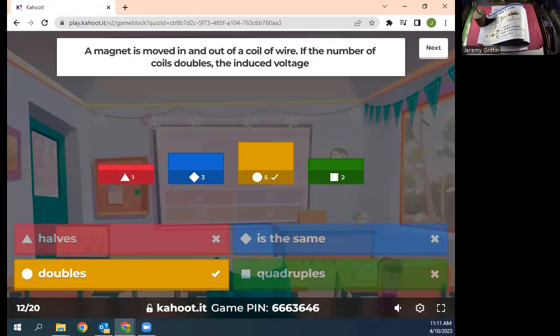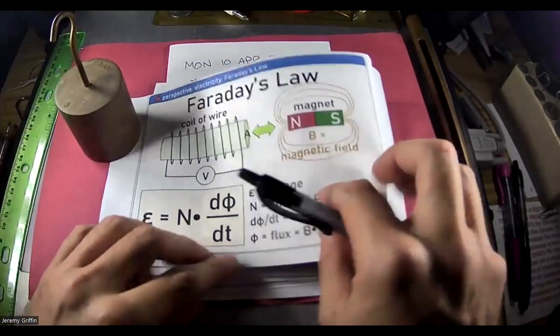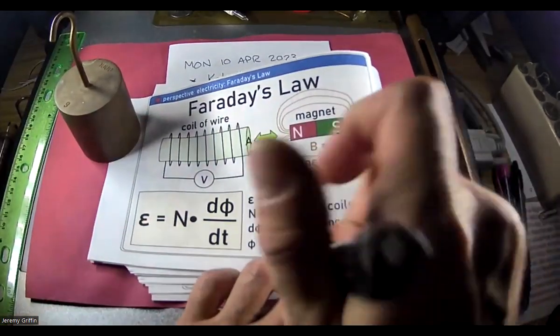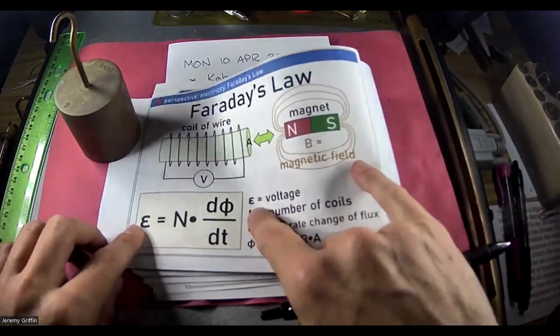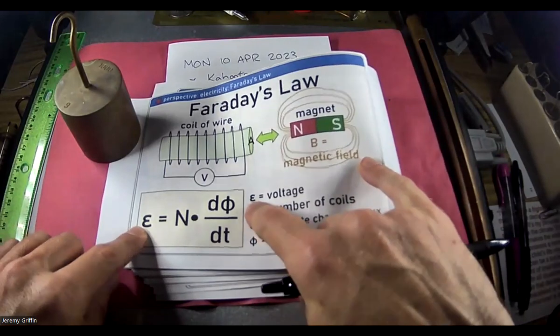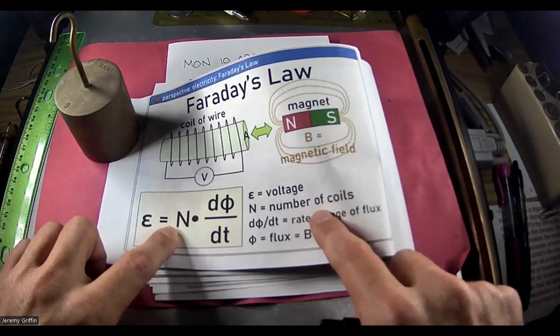Let me remind you what this is. This is Faraday's law. You guys remember? So magnet, coil of wires moving in and out. The voltage that's induced, some textbooks use epsilon, so I just do that here, is proportional to the number of coils. That's what N is. Number of coils.